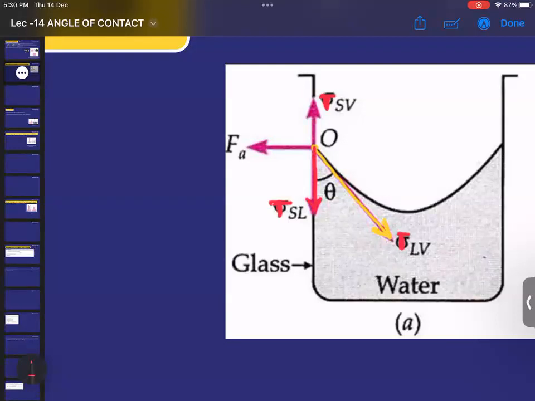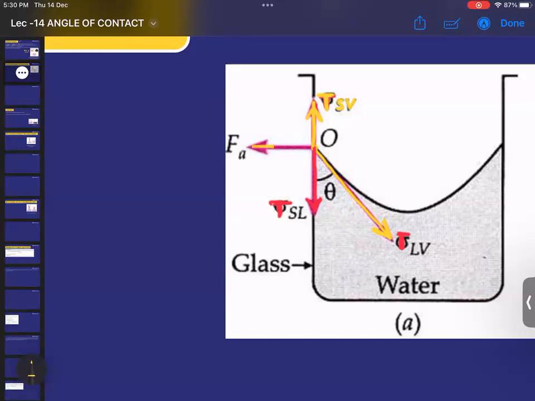Right. So I'm able to draw a third tangent. I use another color. Observe. I'm able to draw a third tangent, which we will call TSV, the surface tension of the solid and vapor surface.